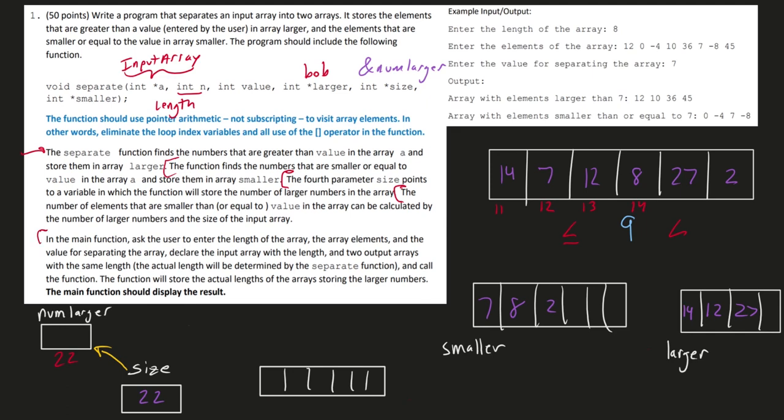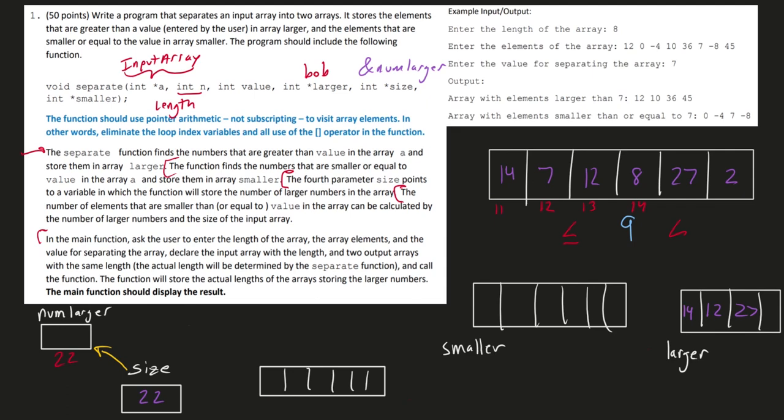Alright, so continuing. In the main function, we ask the user to enter the length of the array elements, the value for separating the array, declare input array with the length, and 2 output arrays with the same length. The actual length will be determined by the separate function. Oh, I see what they're going for there. So here's the thing. Let's say the user enters in this array as the input array.